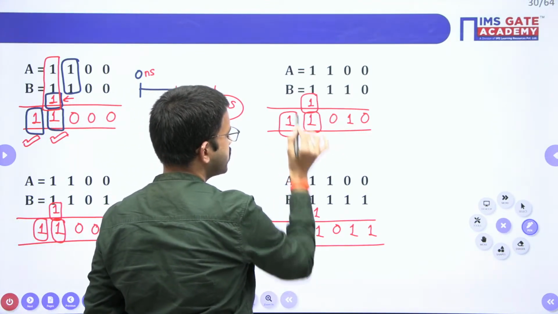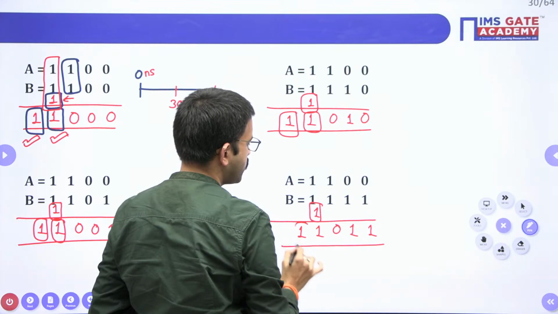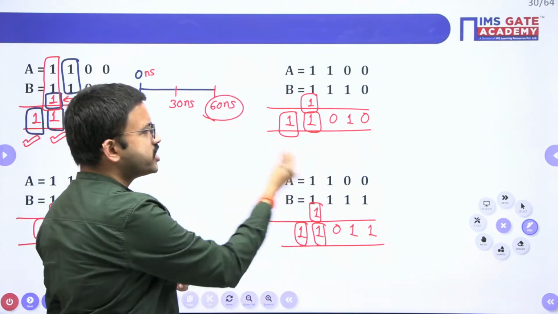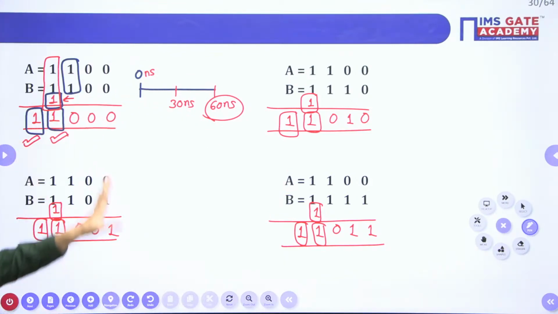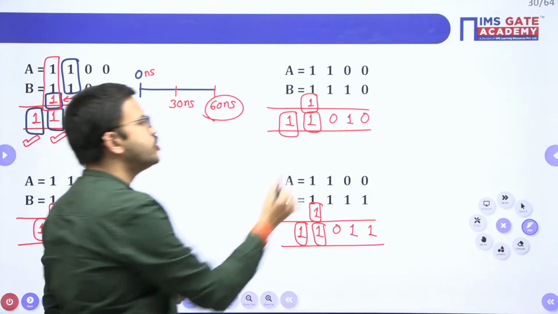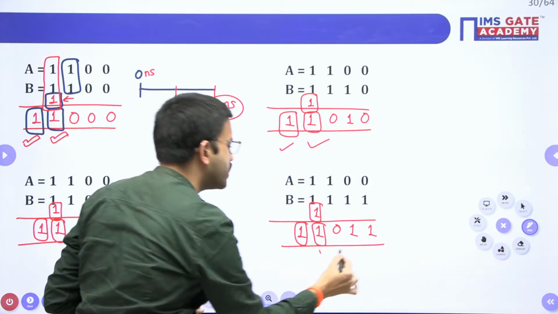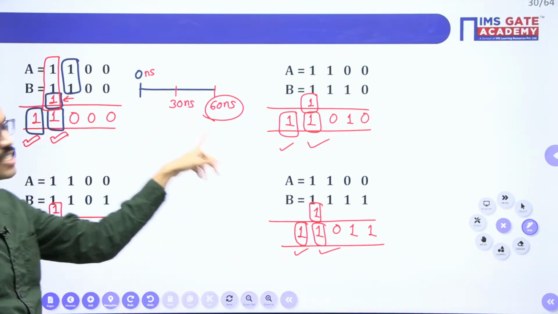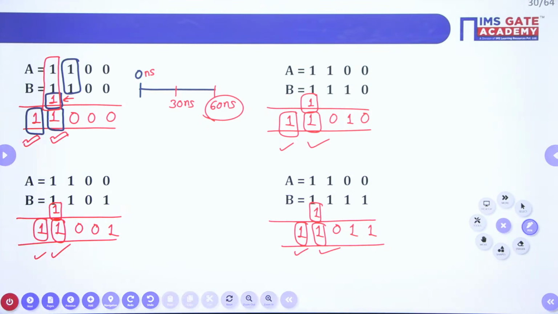All of you quickly respond whether it is clear or not. The fourth stage full adder, in all these cases, in order to produce the sum bit or carry bit, requires 60 nanosecond. Yes, very good.